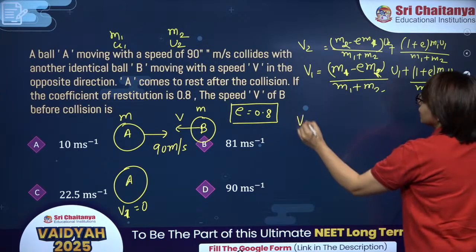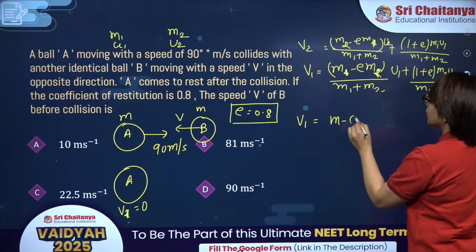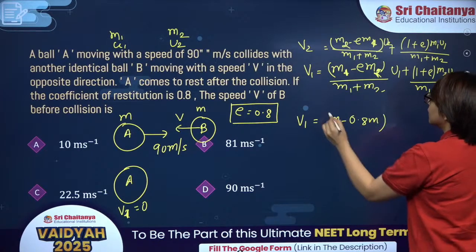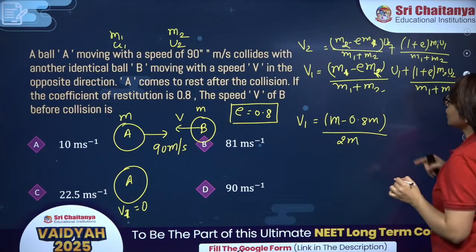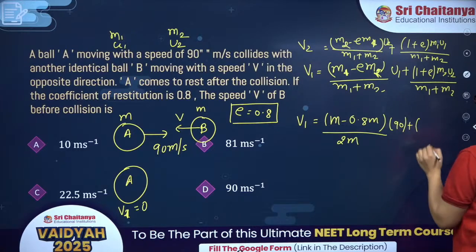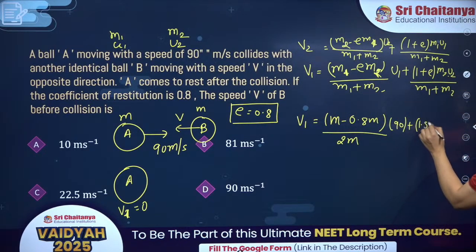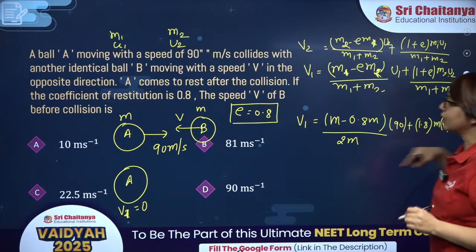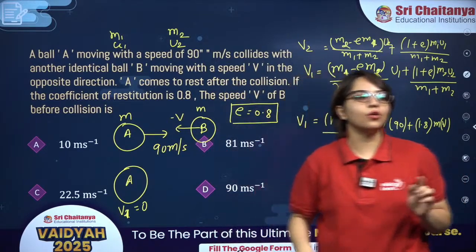Over here, v1 will be m minus 0.8 m, m2 is m, divided by m1 plus m2, which is 2m. u1 is given as 90, plus 1 plus e, which is 1.8, m2 is m, u2 is v, but we will have minus v because it is moving in the opposite direction of A. So its velocity will be minus v.